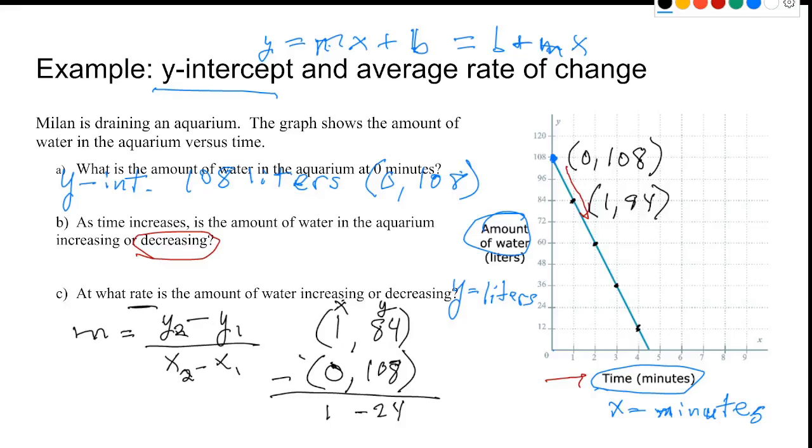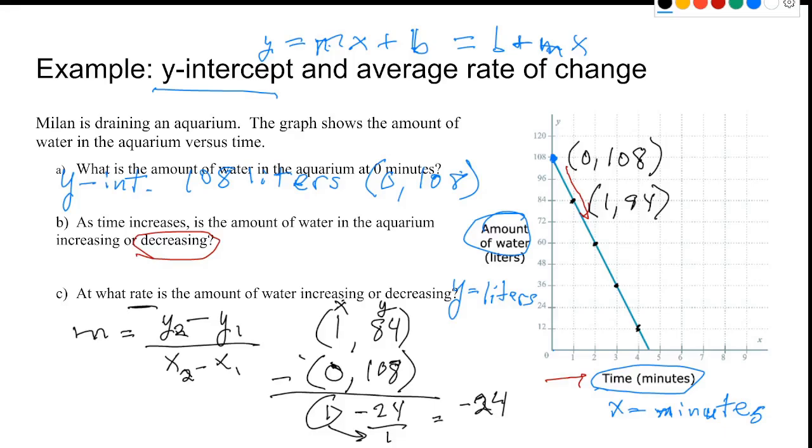And then the slope has the y on top, so I take the x and tuck it underneath the y, and that gives me my average rate of change, negative 24. So that's my rate.